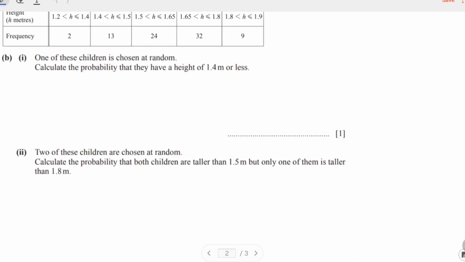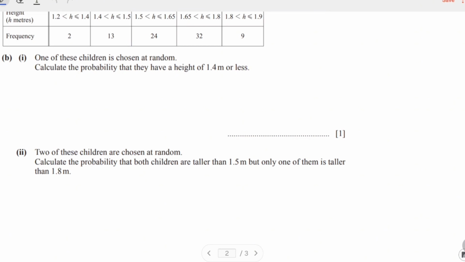Now the B question. Here one of these children is chosen at random, and we have to find the probability that they have a height of 1.4 meters or less.